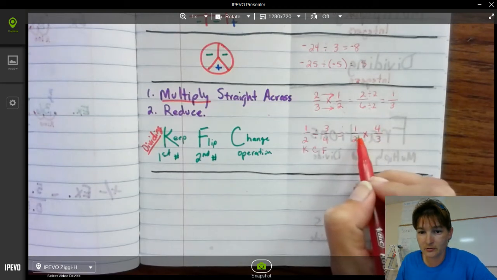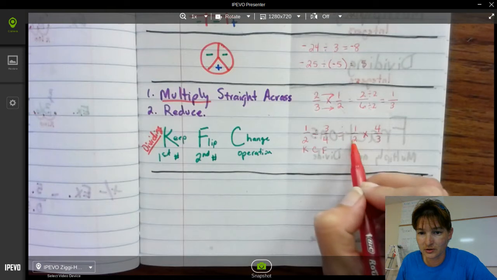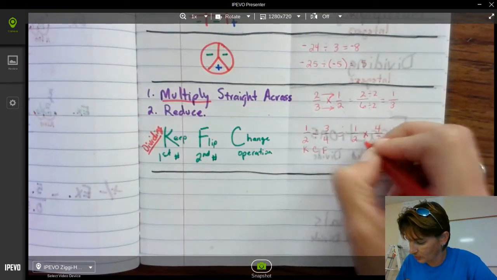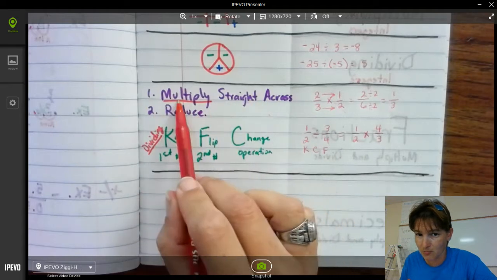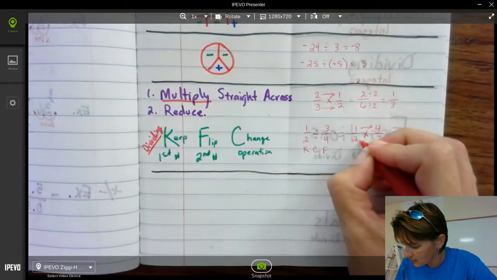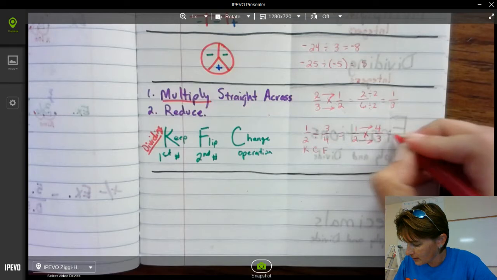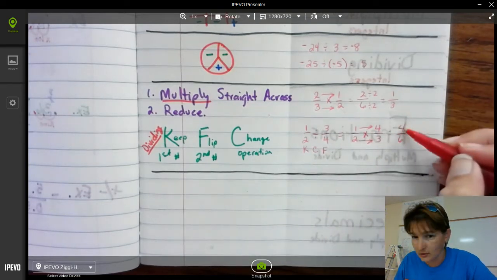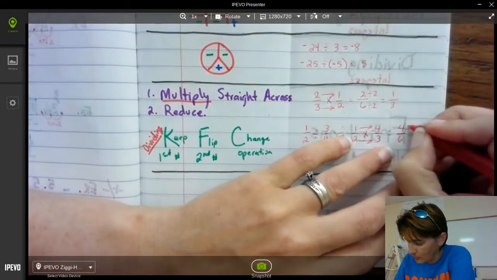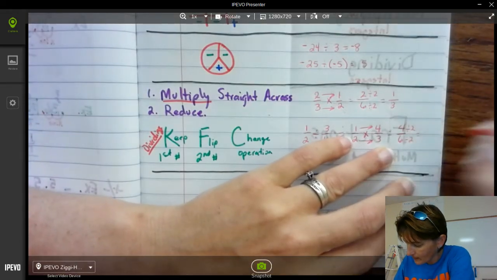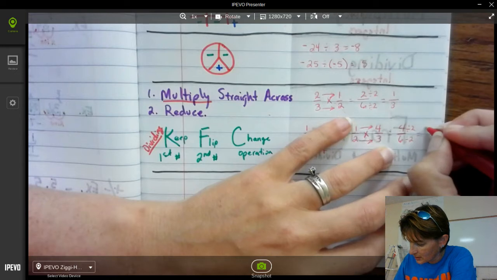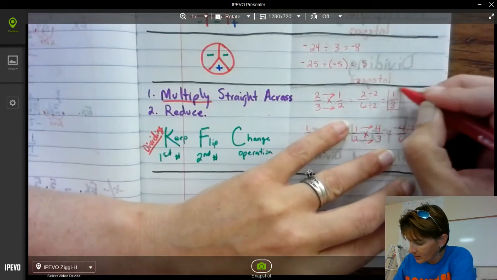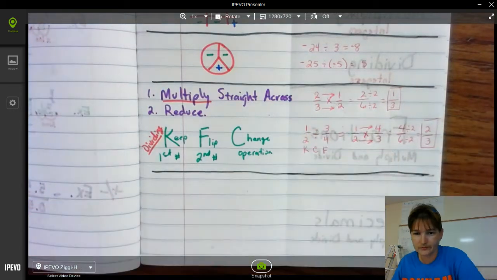Again, if you like doing the reduction diagonally, here I can reduce the 2 and the 4 by 2. But now that we have our multiplying with fractions, we're going to multiply straight across. 1 times 4 is 4. 2 times 3 is 6. Then looking at 4 and 6, I can reduce by 2. 4 divided by 2 is 2. 6 divided by 2 is 3. And so the outcome is 2/3.